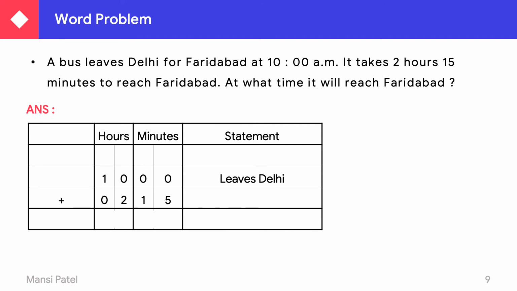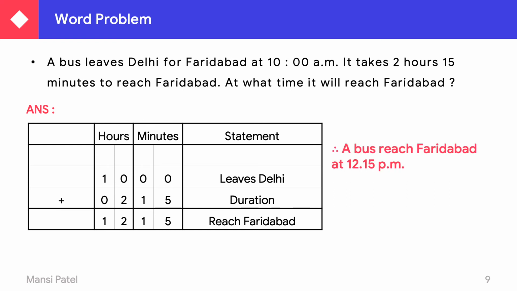So just do the addition of minutes and hours. 0 minutes plus 15 minutes is 15, and 10 plus 2 is 12. So by 12:15 the bus reached Faridabad.